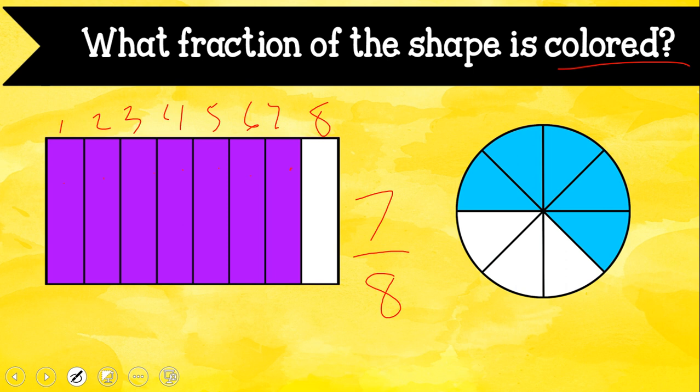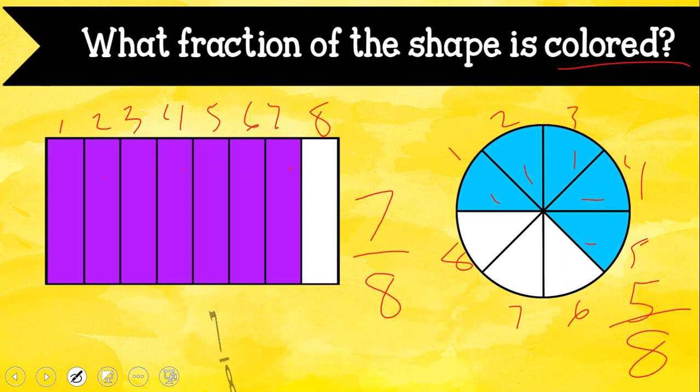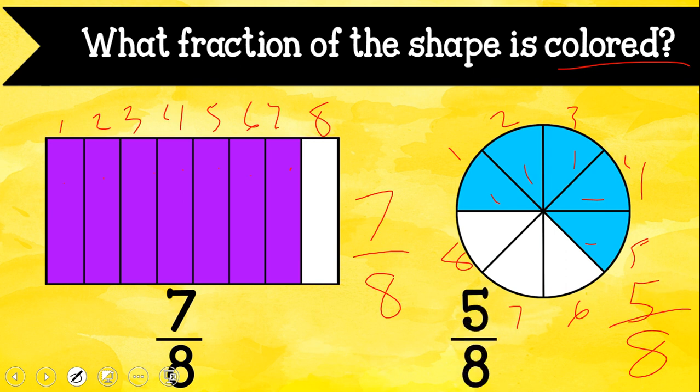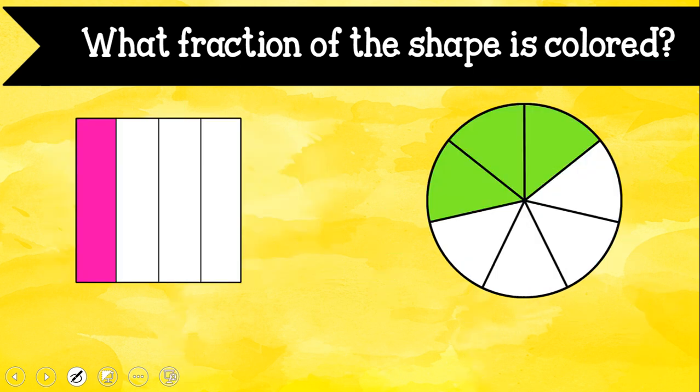Okay? For the circle, I have 1, 2, 3, 4, 5, 6, 7, 8 again. So I put 8 on the bottom, and then I have 1, 2, 3, 4, 5 that are colored. So it's 5 over 8. Okay? Try one more. I'm going to give you guys another 10 seconds. Try and think if you have gotten the answers.